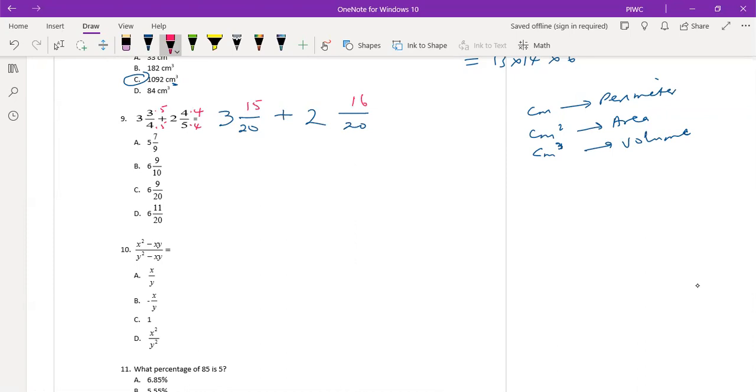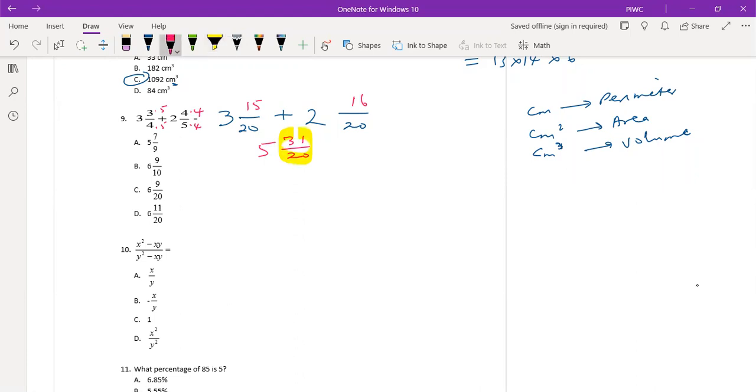Now we can add the numerators since we have the same common denominator. And then the whole numbers. So 3 plus 2, that is 5. 15 plus 16, that will give us 31. So 31 over 20. But this is an improper fraction. So I need to convert this to a mixed number.